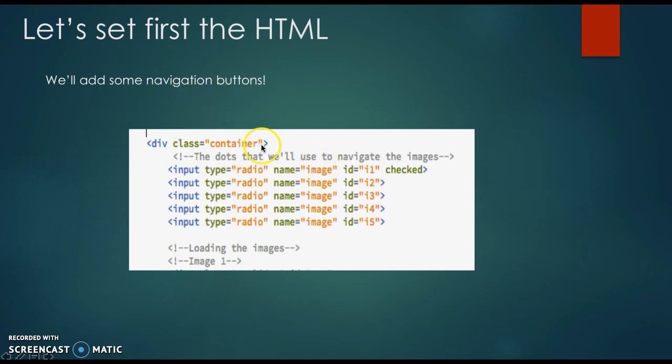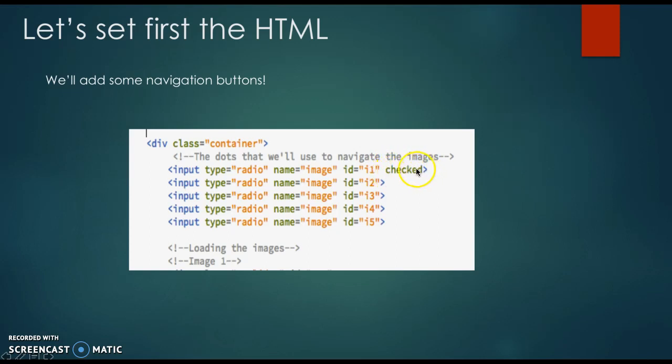So inside the body tag, we are going to create a div tag with the class of container. And inside this, we're going to put 5 input tags with the type of radio. You remember this from last week's material, and with the same name of image, but with different IDs, as you see: image1, image2, image3, image4, and image5, and with the checked attribute.